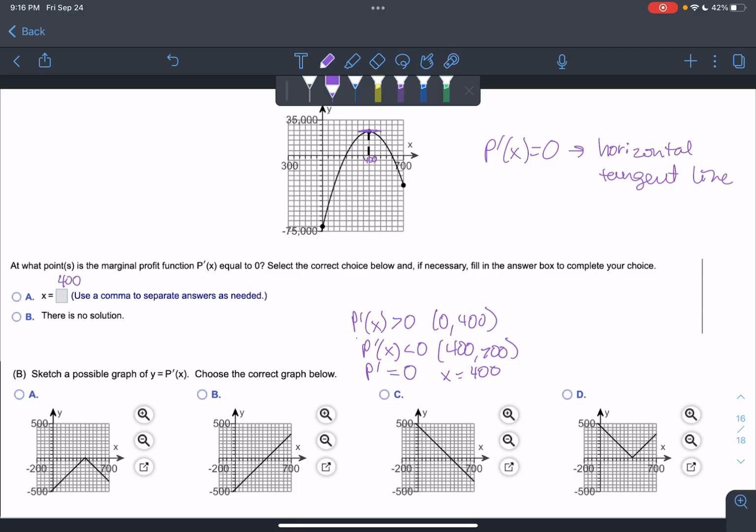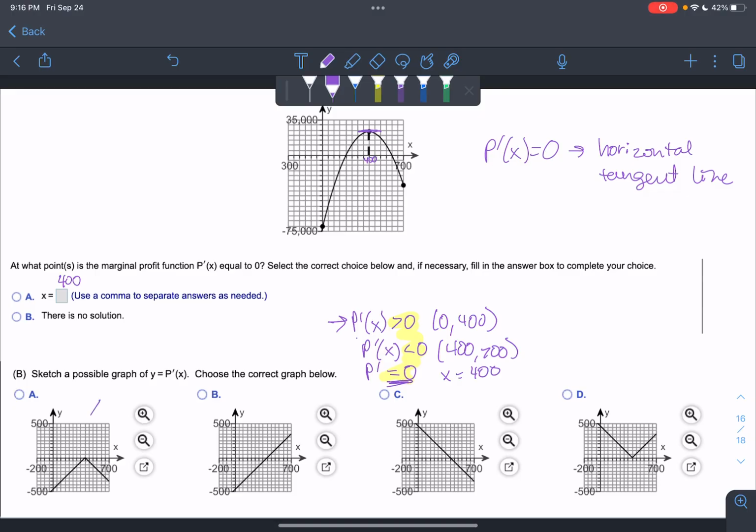Okay, so now we're looking at signs, or if it's equal to 0. Because it equals 0, that means that it's going to touch the x-axis, but actually all of these do, so that's not helpful. Let's look at our first condition, that my derivative is going to be positive from 0 to 400.